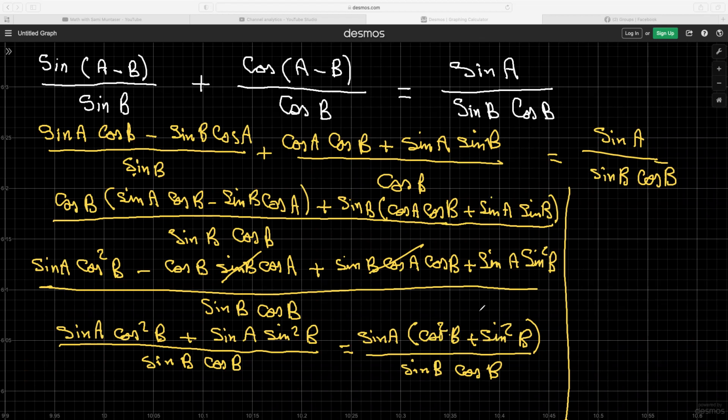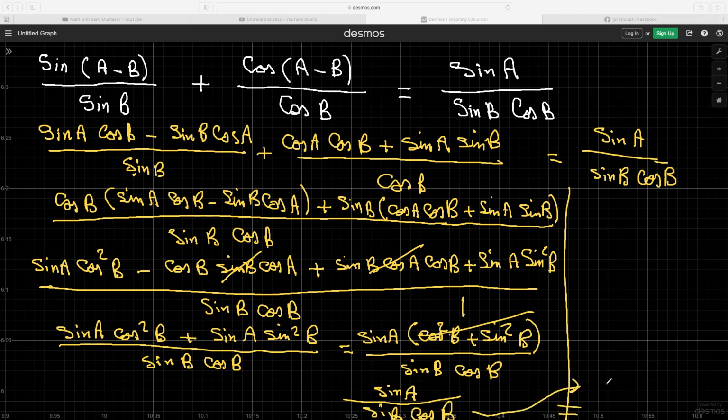Cos squared plus sine squared equals 1. So all of that is just going to be 1. And then you'll have sine A right here on top, and you'd have sine B cos B, which is exactly that.